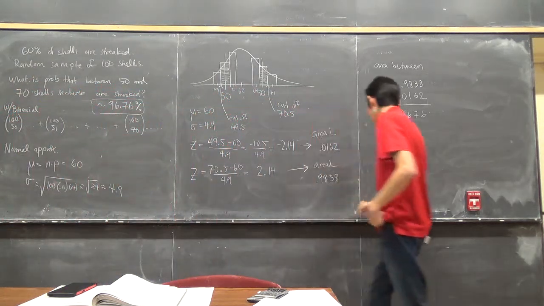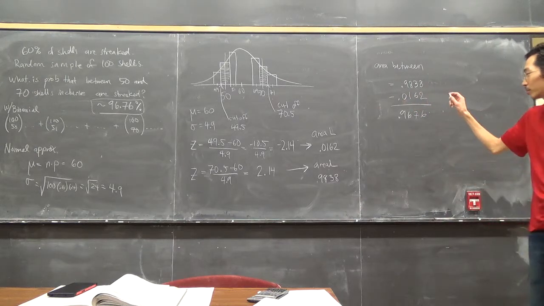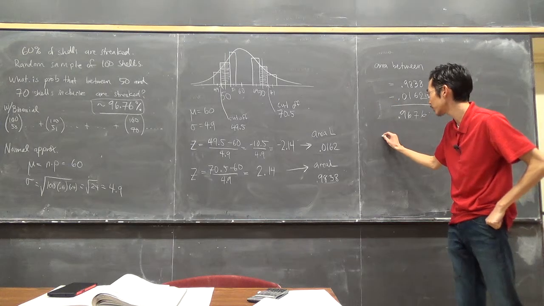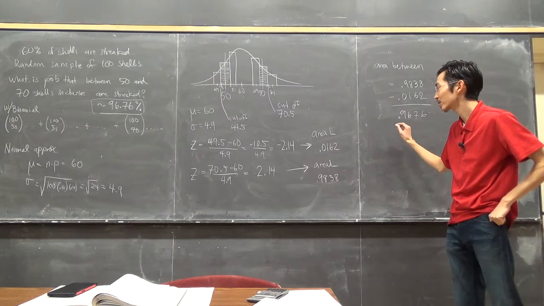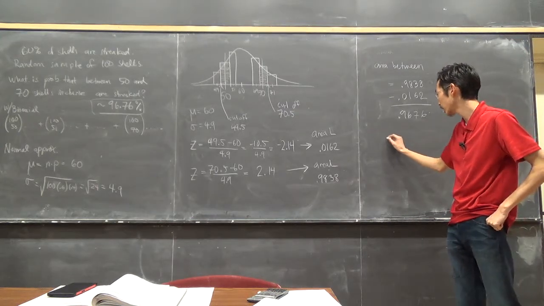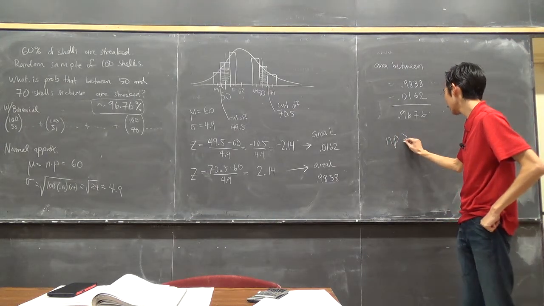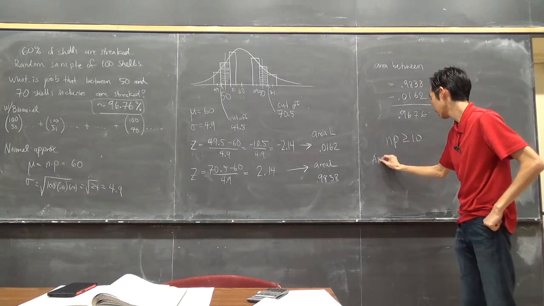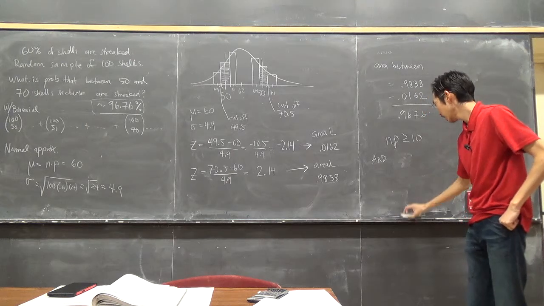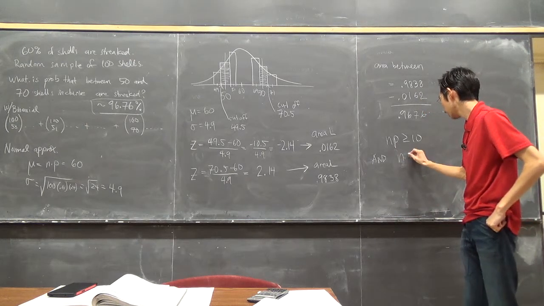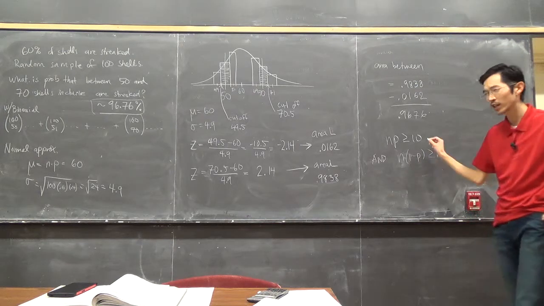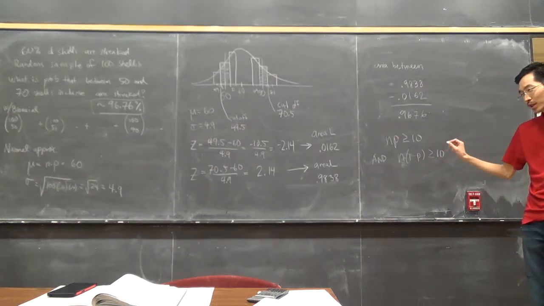Yes, we can use the normal curve to approximate the binomial distribution when n times p is greater than or equal to 10, and n times 1 minus p is also greater than or equal to 10. Okay. Some textbooks will say 5, and that's also okay.